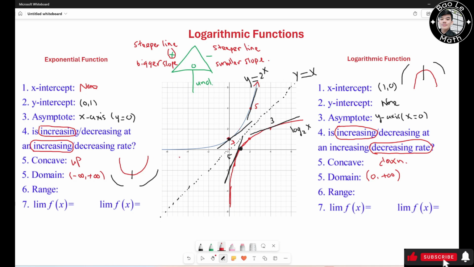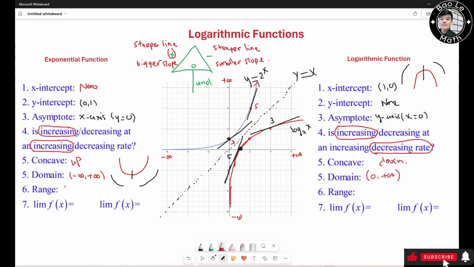Now the range, which means you look at the y-axis. You see that the function is always above the x-axis and never touches the x-axis. So the range should be from 0 all the way to infinity. So you have infinity right here, negative infinity right here, positive infinity right here, and negative infinity right here.